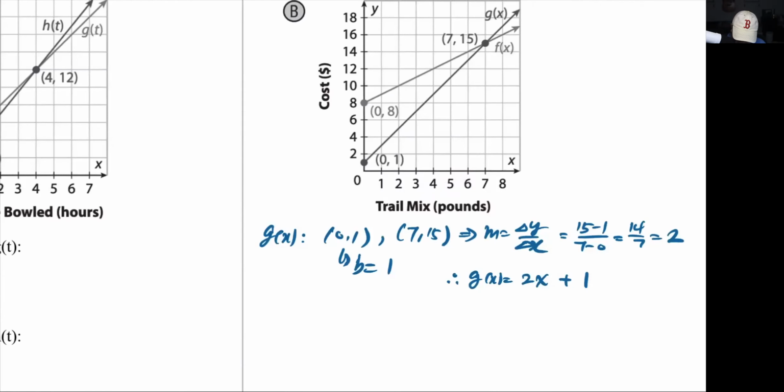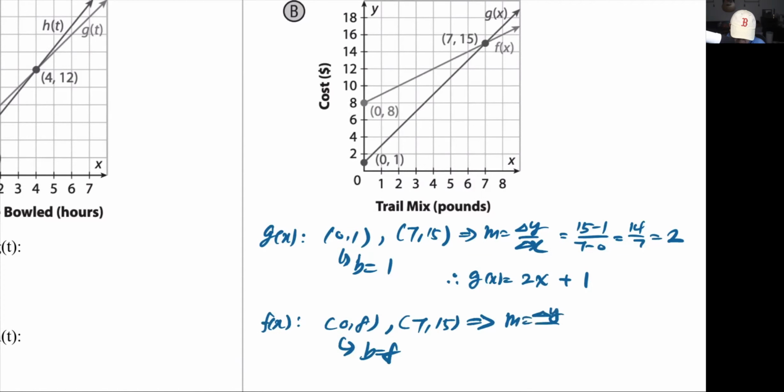Now let's look at f of x. Let's write down all the information that we have. The 2 points that are given to us are (0, 8) and, once again, (7, 15). Once again, if x is equal to 0, whatever the y is, that's the b, right? So b is equal to 8. And the slope is change in y over change in x.